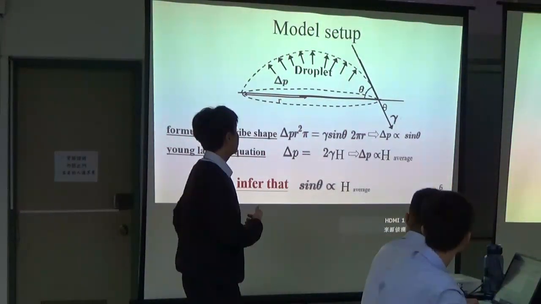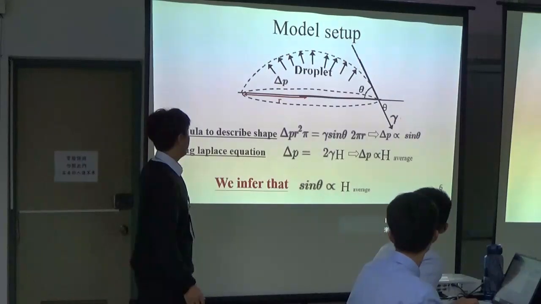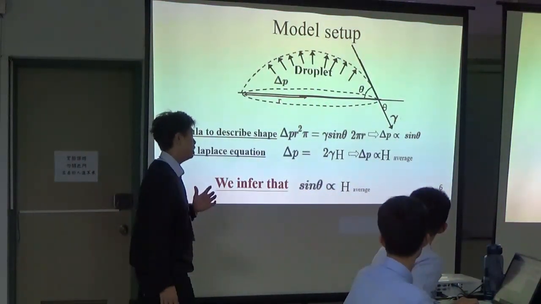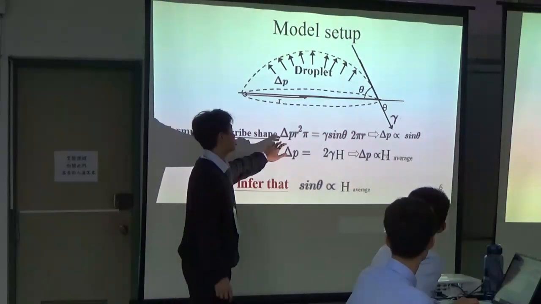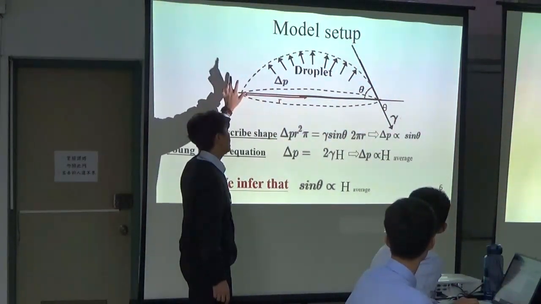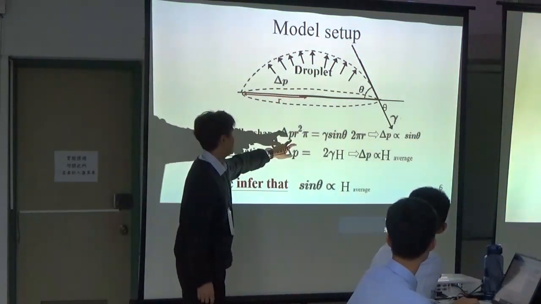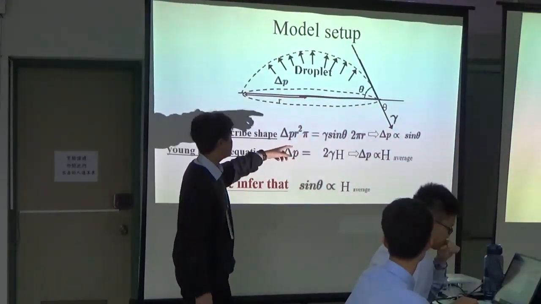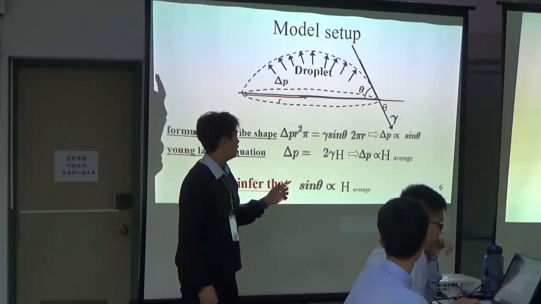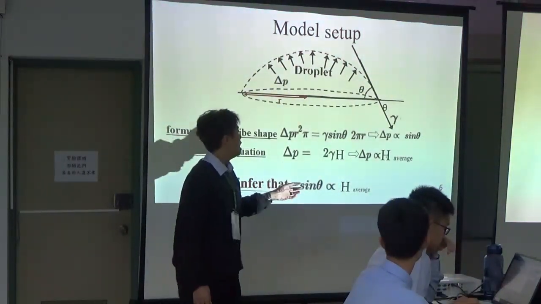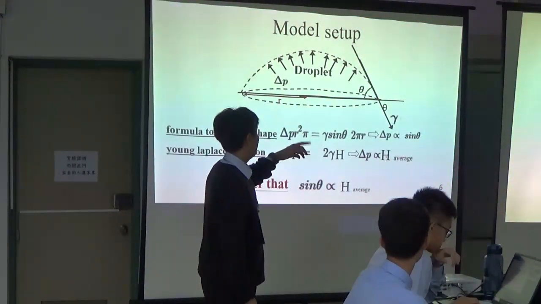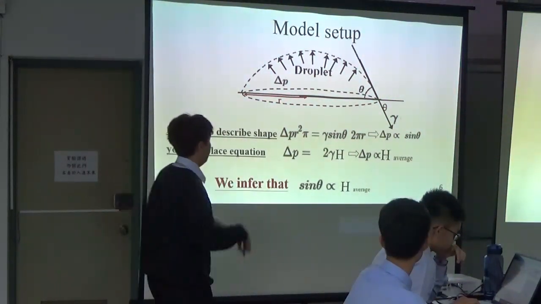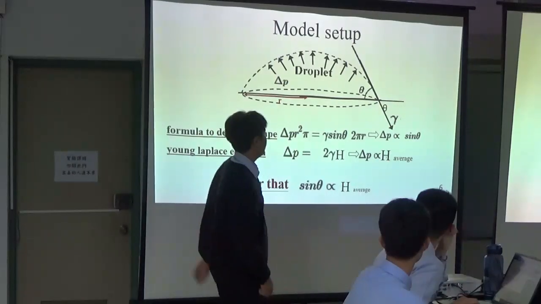And here is the model setup. This formula is what we inferred to describe the shape of the droplet. Delta P means the pressure difference between the droplet and the outside air. R squared pi means the bottom area, gamma means the surface tension, theta means the contact angle, and 2 pi R means the contact perimeter.